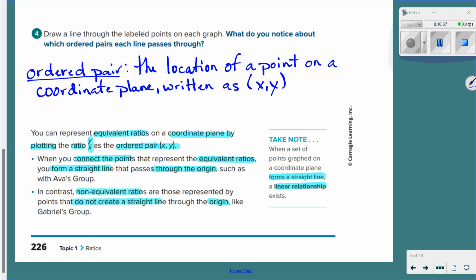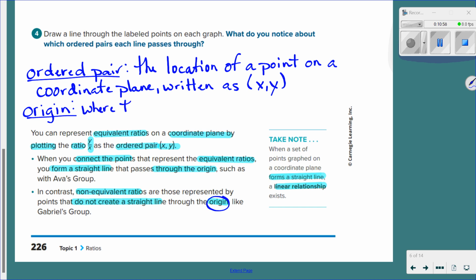They also used another word here, origin, that I'm going to go ahead and add in for you guys. So if any of your classes are listening to this, you can add this on your vocabulary sheet as well. Origin. Does anybody know what origin is? 0, 0. Okay? It's where the coordinate planes cross.